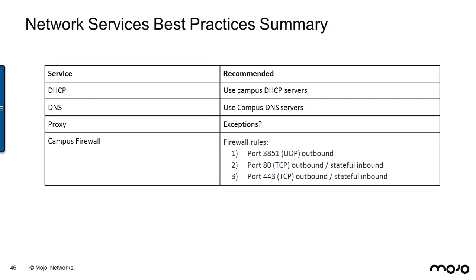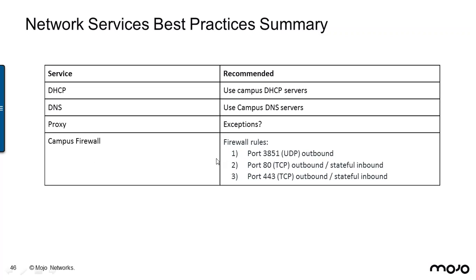But for campus deployments, we're not recommending you turn on the DHCP server in the AP, or turn on the firewall that's built into the AP, because those features are really for remote locations, one AP locations where they don't have all those services. Then you can turn on the services that are in the AP. But for campus deployments, we're recommending you use the campus DHCP servers and the campus DNS servers and so on.